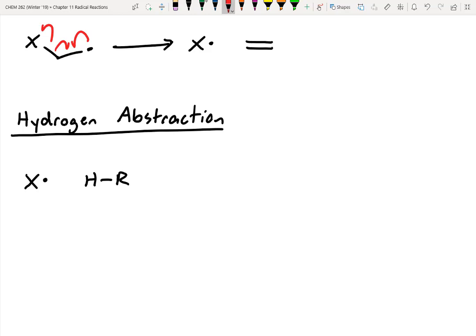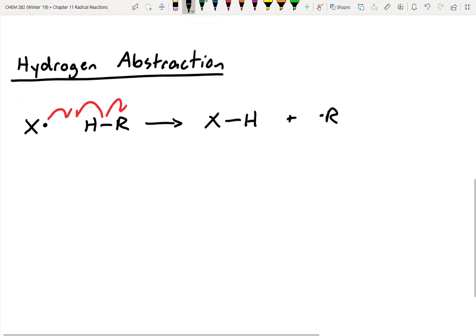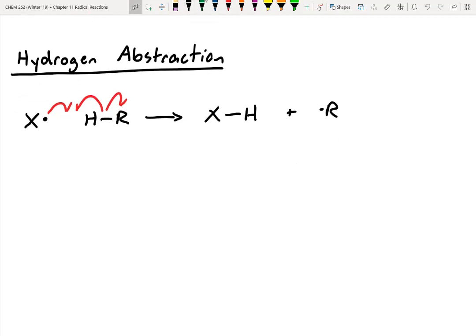And this radical can actually steal a hydrogen. And when this happens, the carbon indicated by R is going to take the unpaired electron and will form a new bond between X and our hydrogen, and will make an organic radical. This becomes really important in synthetic chemistry. We are going to see a reaction where we'll do this as one of our first steps.